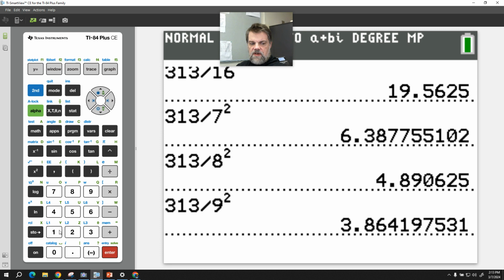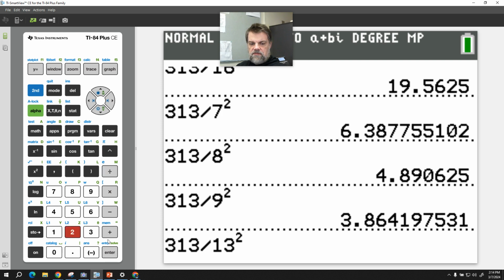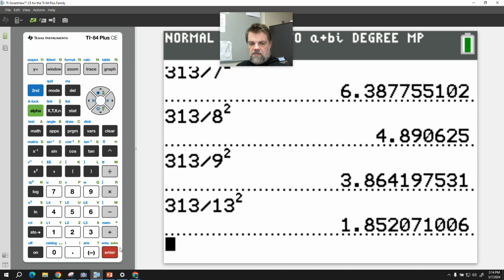It's not 10 squared. Let's try 11 squared. Well, that's a tough one. Maybe it's 13 squared. Let's try 313 divided by 13 squared. Man, that's a tough one.